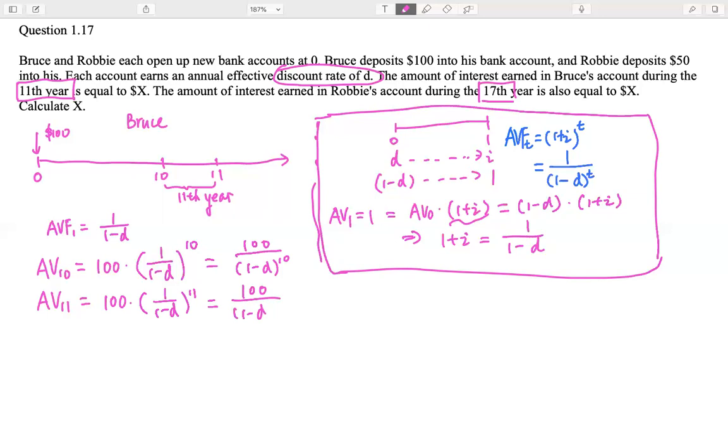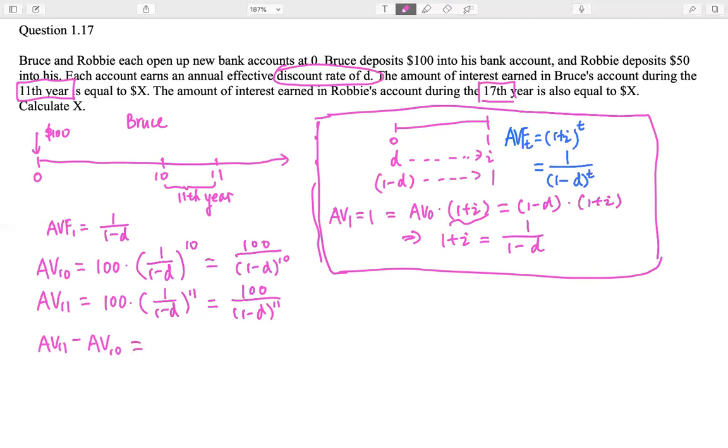So what is the interest? Interest is the actual amount of value changes, right? So my amount of interest would be AV11 minus AV10.